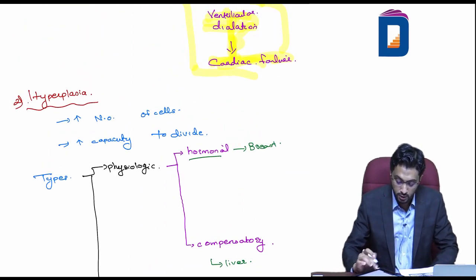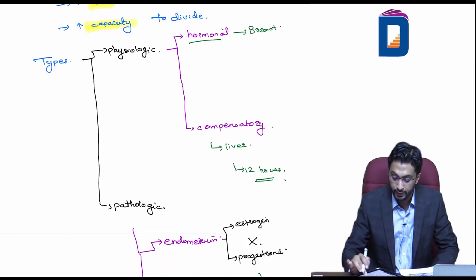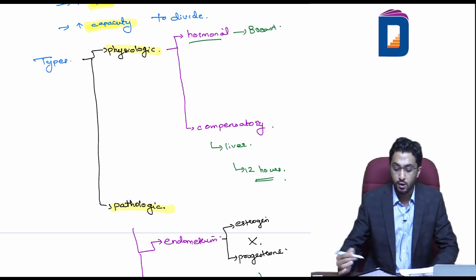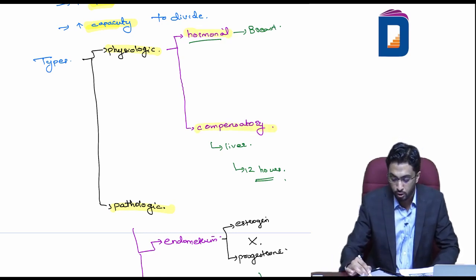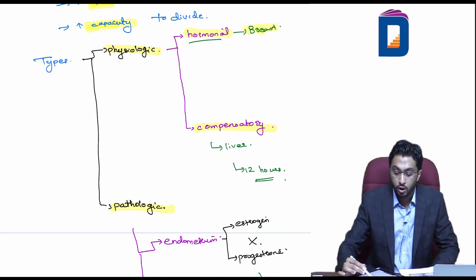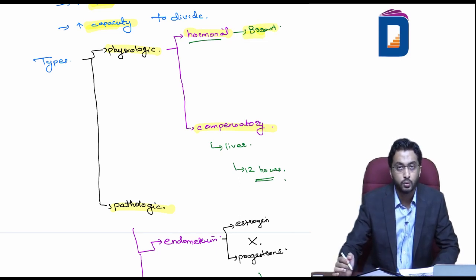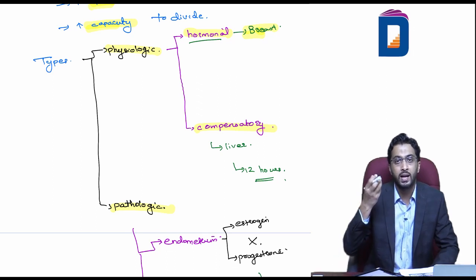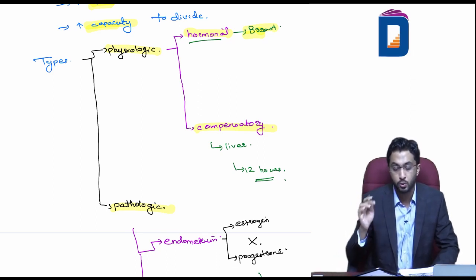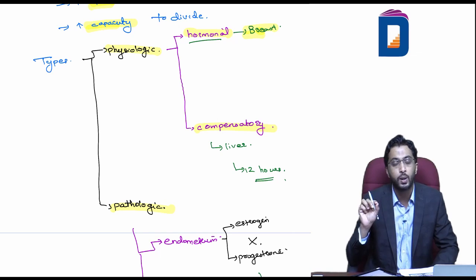So what all did we study about hyperplasia? One thing is the number of cells is increased, and it happens in those cells which have increased capacity to divide. It is divided into physiologic and pathologic. The physiologic is again subdivided into hormonal and compensatory. Hormonal is seen under the influence of hormones. The glandular cells in the breast undergo hyperplasia.